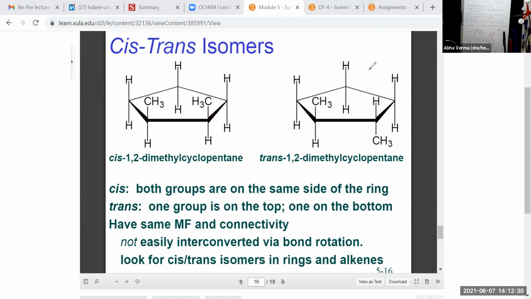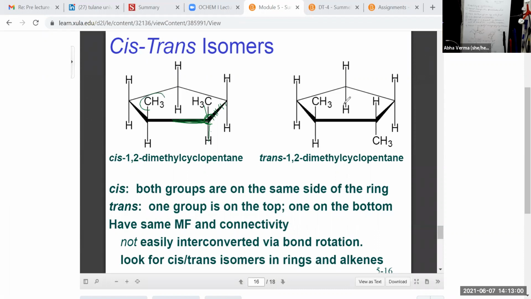How would you see what the projections are? This is definitely your wedge, and this will become your dashed. Both of these will be your planar structures. And why do I emphasize this? We are going to look at these Haworth projections and your cyclic conformations again in module 6.